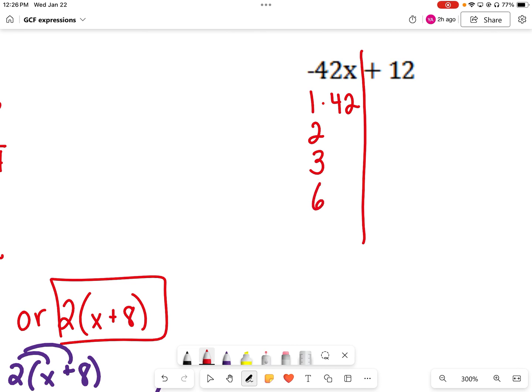I put some numbers up there. So you'll divide it.